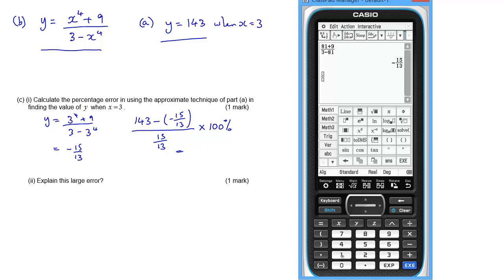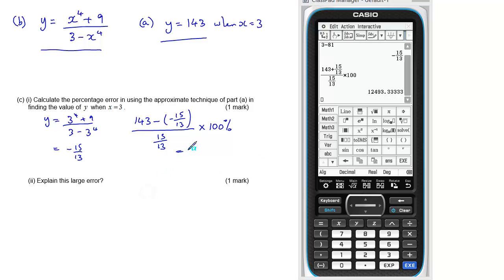So that's 143 add 15 over 13, and we're going to divide by that as well, and then we're going to multiply by 100. And I think for this one I'd like it in decimal. And that gives me 12,493%, which is a massive difference.